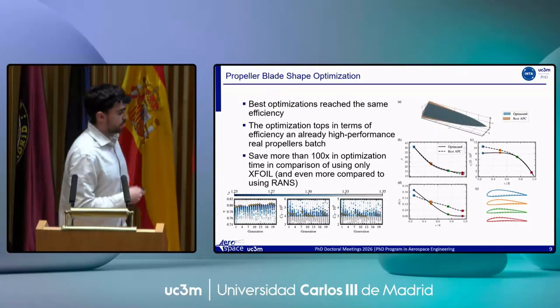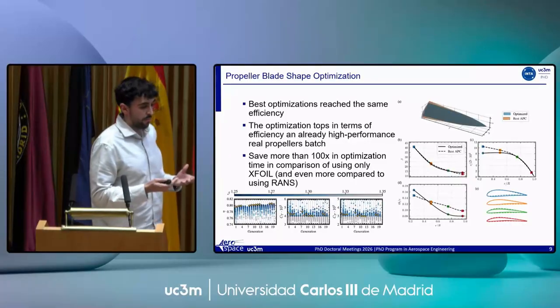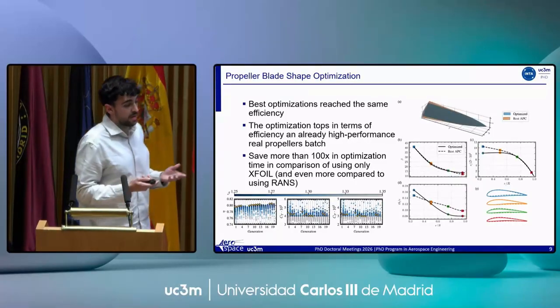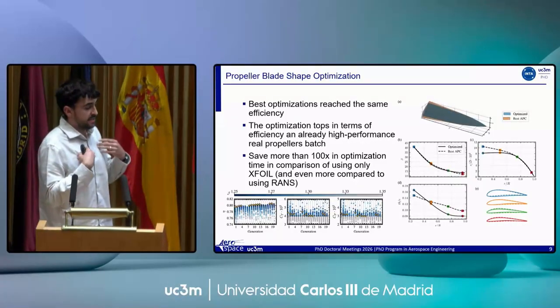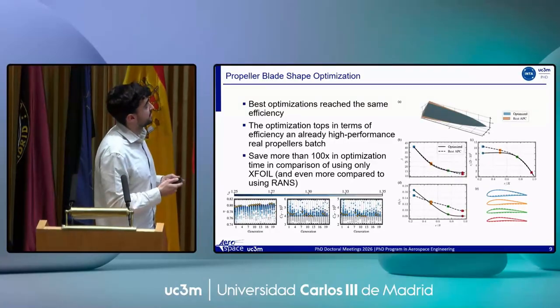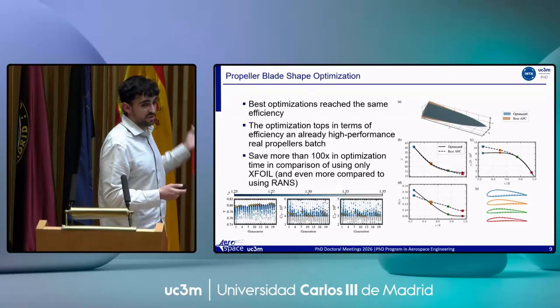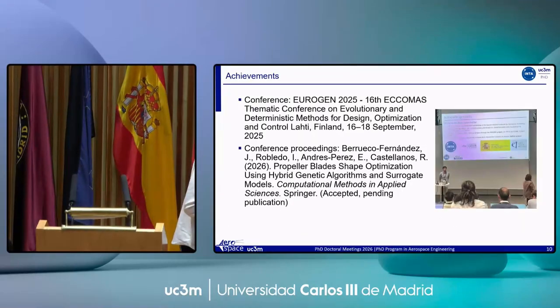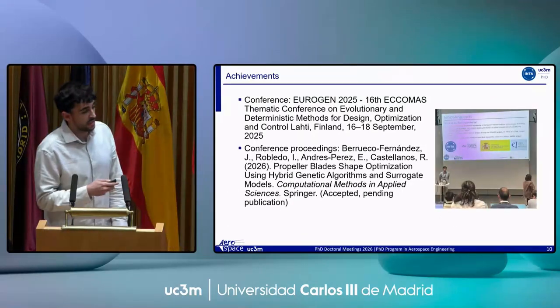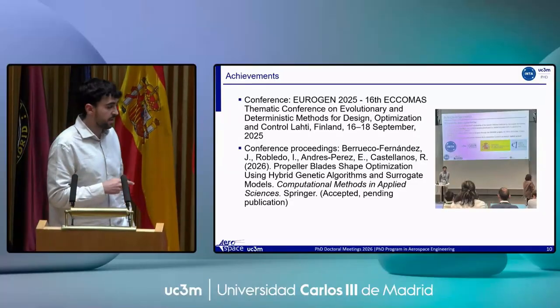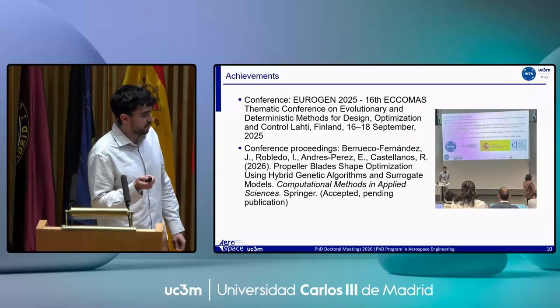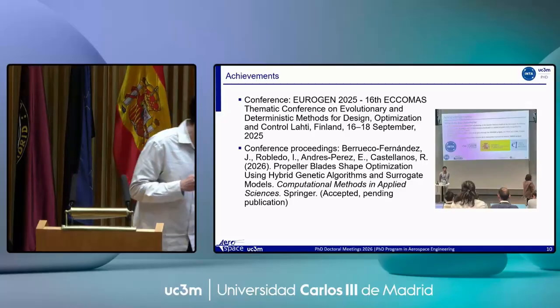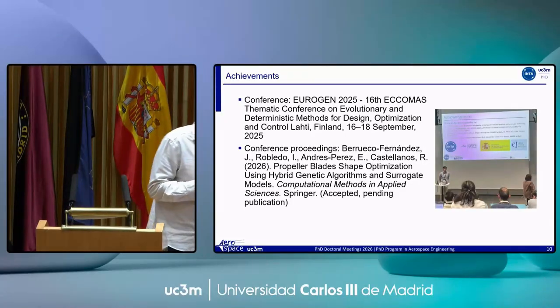Yeah, for sure. So the results were really promising. The main claim here was that we really save more than 100 times in optimization time in comparison with SFoil, and even more with runs. I presented this work at EUROGEN in September last year, and my work is included in the conference proceedings, which will be published this June.